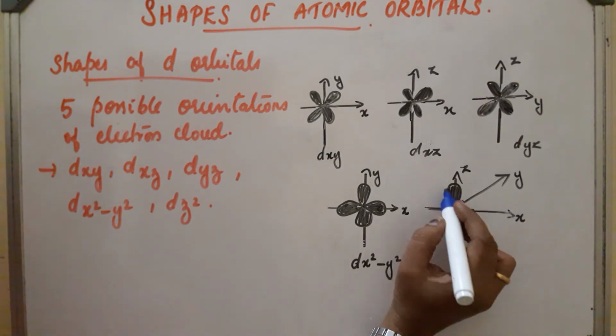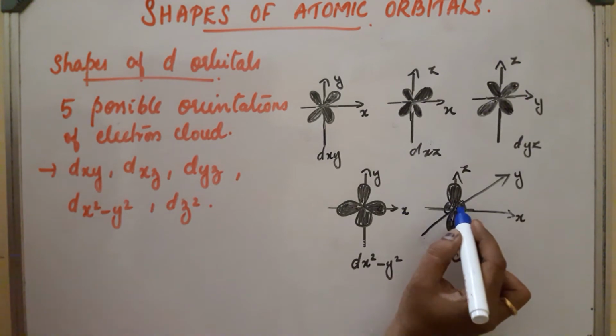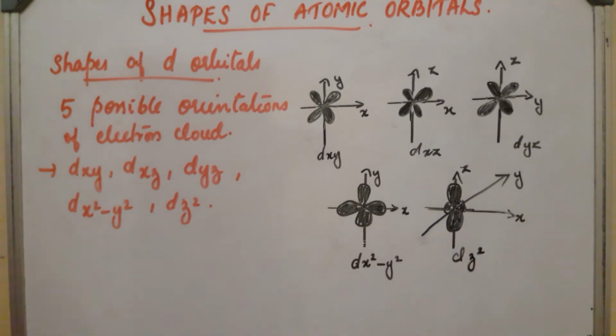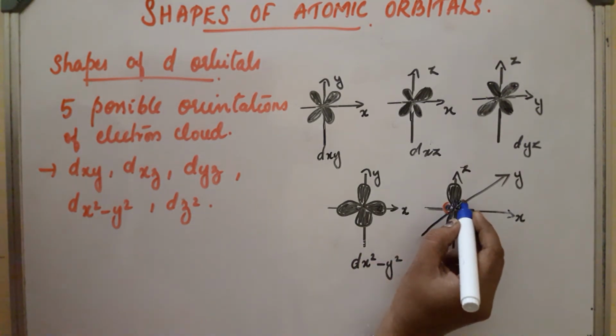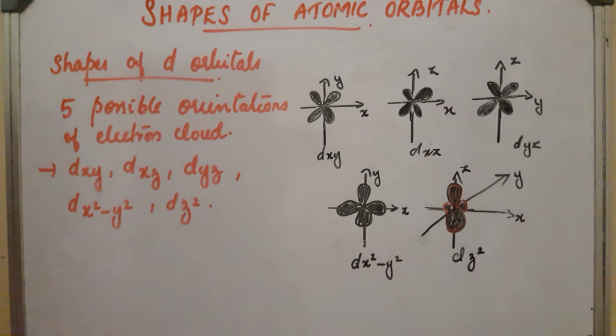And the last orientation is dz square. Here one lobe, the dumbbell shape, is along the z axis and there is a spherical shape along the x axis, along this direction. This will be the shape of dz square.